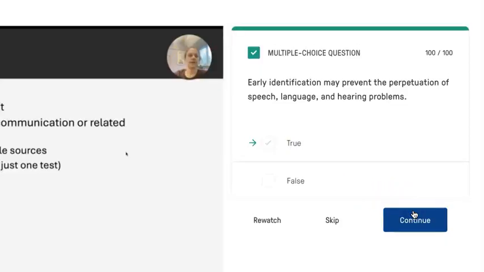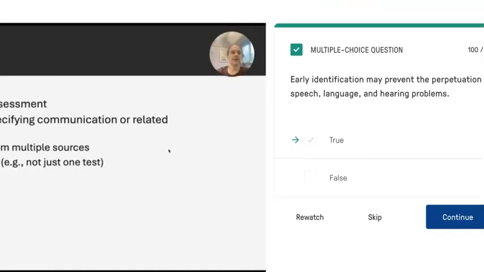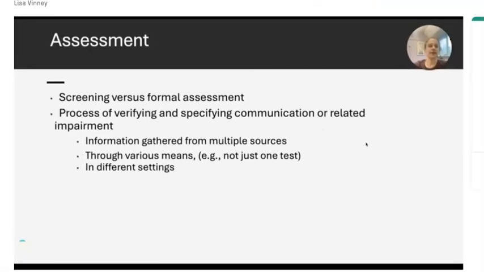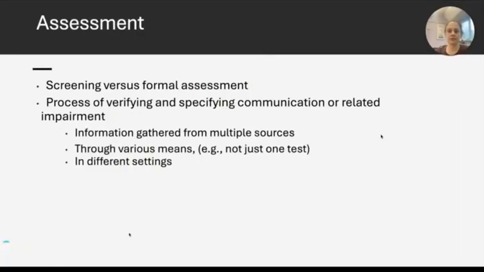If we can identify someone earlier, then we may prevent the difficulty from progressing or getting worse, or the development of compensatory strategies that are actually maladaptive and not helpful. So hopefully that makes sense to you. All right, let's keep going.